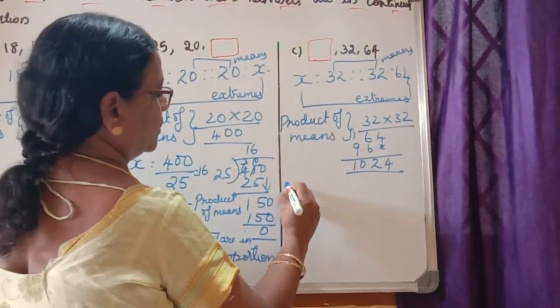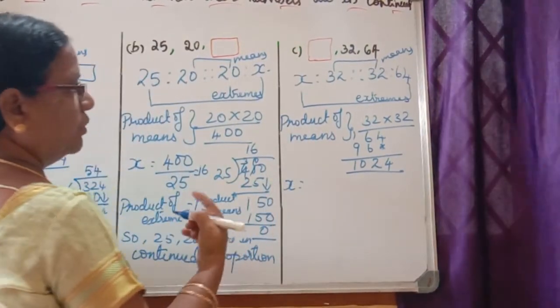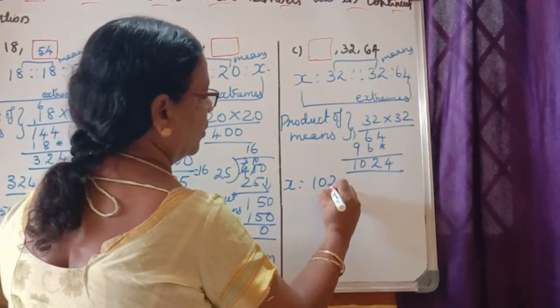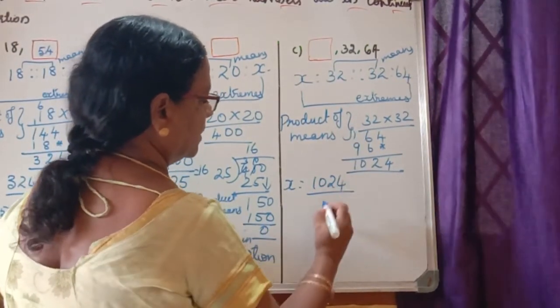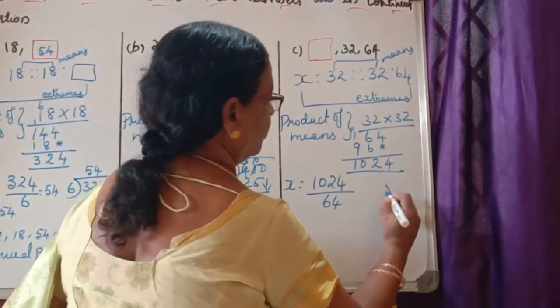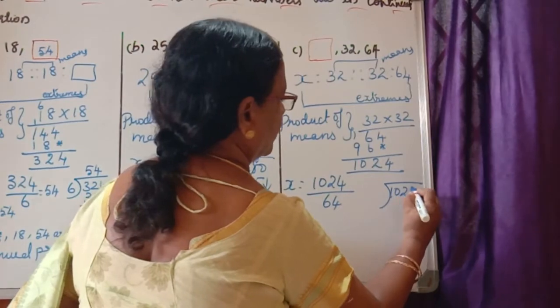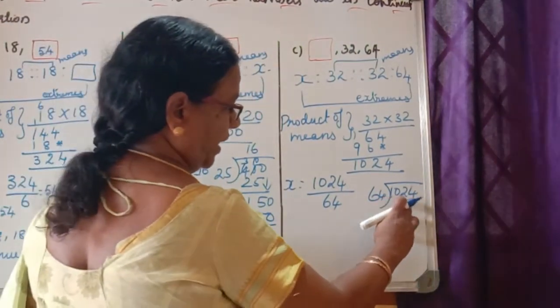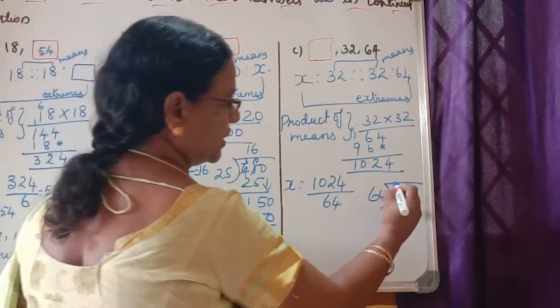Now we want to find the value of x, that is one term of extreme. So x is equal to the product of means divided by the other term of extreme, 64. 1024 divided by 64. In 102, how many 64s are there?